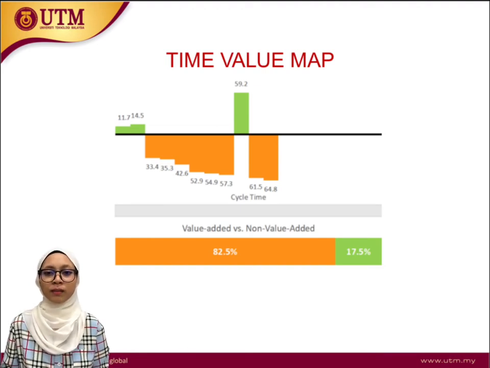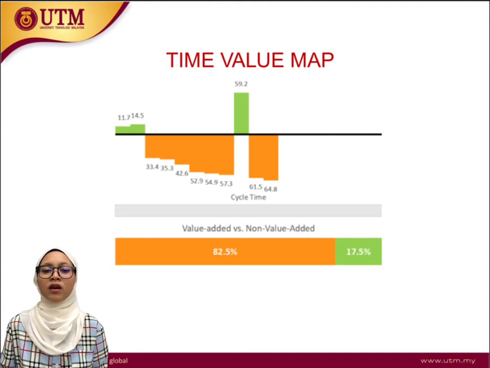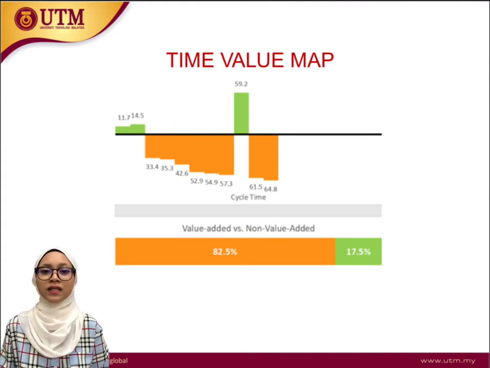However, in this map, white space between the bars or columns is not indicated since the waiting time has been combined with non-value-added activities. So, if the workers need to know the specific waiting or delay time, they need to explore all the non-value-added activities.